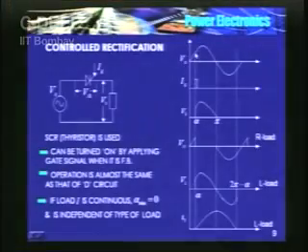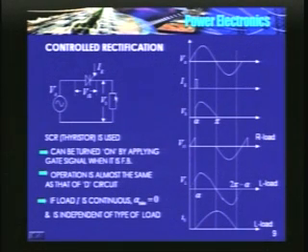What happens if the load is purely inductive? Again we have triggered the SCR at alpha. We know that average voltage across the inductor is 0 here, or should be 0. Purely inductive, the circuit equation is, when that SCR is on, Vi is equal to L di by dt.